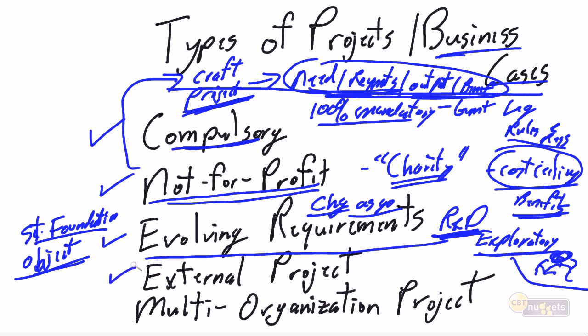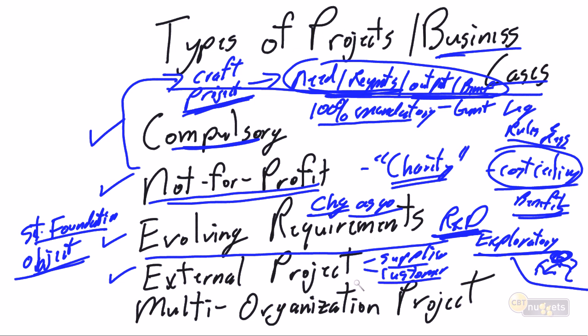Next is an external project, where the external project is developed specifically to support suppliers or maybe customers. So we're going to provide an electronic interface to allow us to directly access our supplier's order system and enter orders automatically.